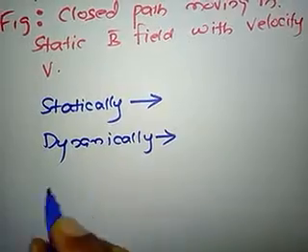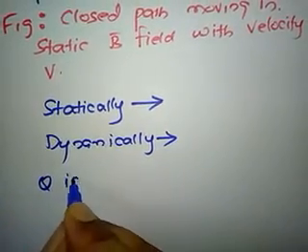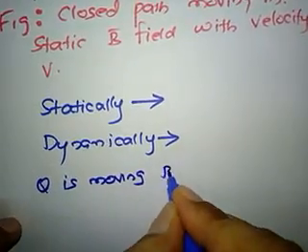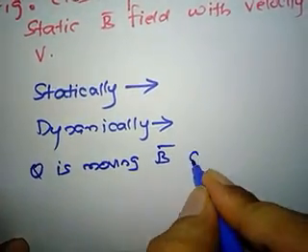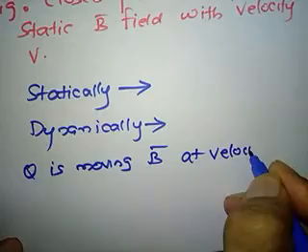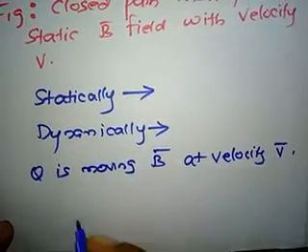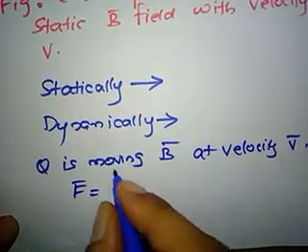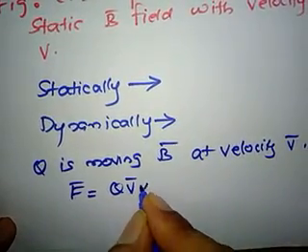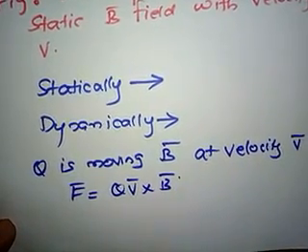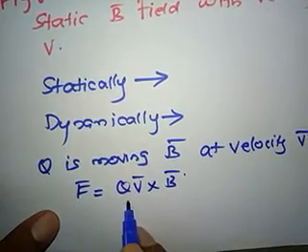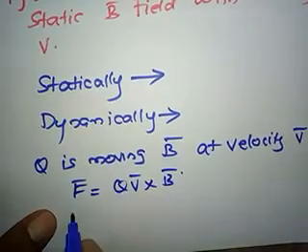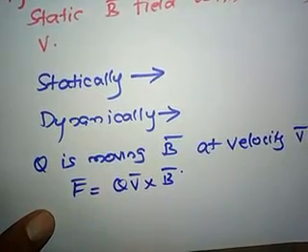If we consider a charge Q moving in magnetic field B bar at velocity V bar, then the force on the charge is given by Q V bar cross B bar. That is, the product of charge, velocity and magnetic flux density gives the force on the charge.